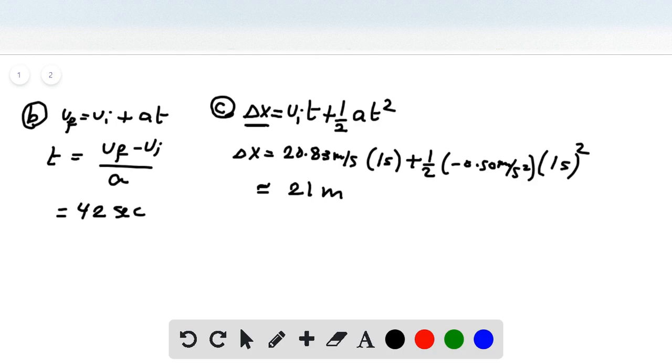Now the same question is asked, but we need the distance traveled in the fifth second. I'm going to use the same formula here. I'm looking for the distance traveled only during the fifth second.